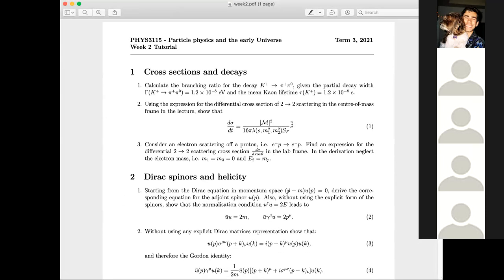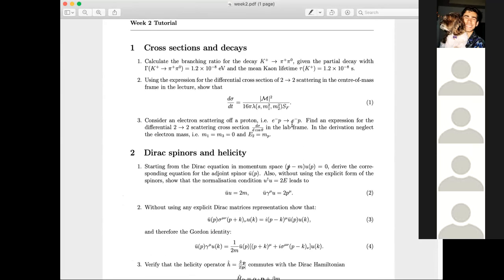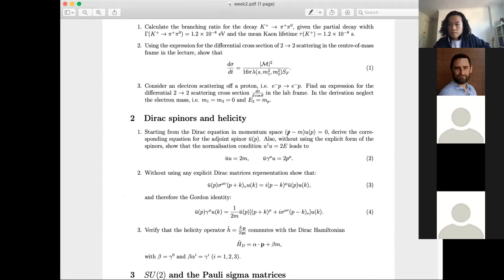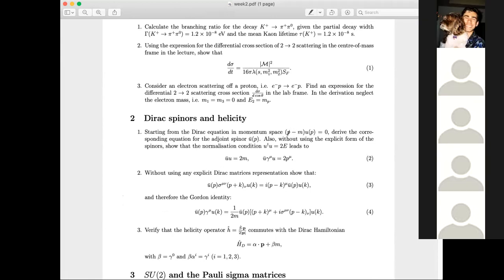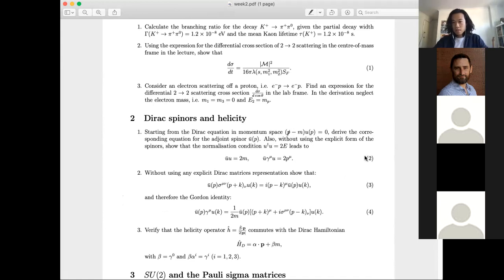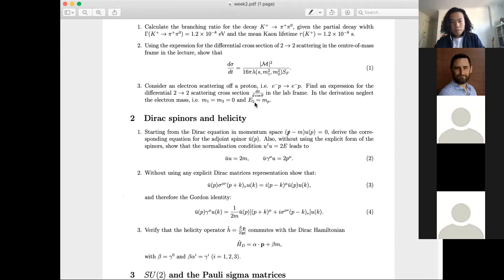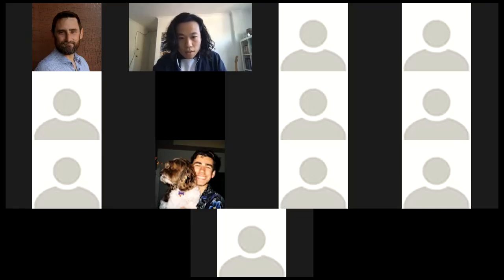Any preferences for any of these 3 topics or any questions in particular? No one? Everyone's just happy to go through whatever? Okay, then we will just go back to the OneNote.